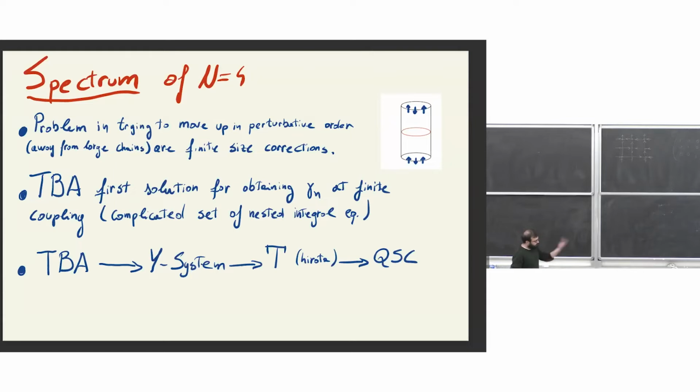And then this was transformed by several passages in history. Practically, you can take the TBA and rewrite it as something called a Y-system. I don't know if these are also known in the canonical integrable background.